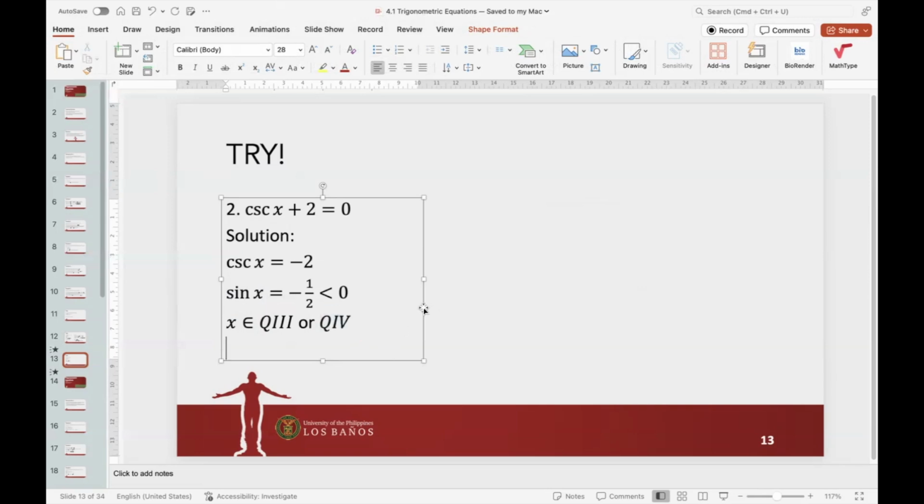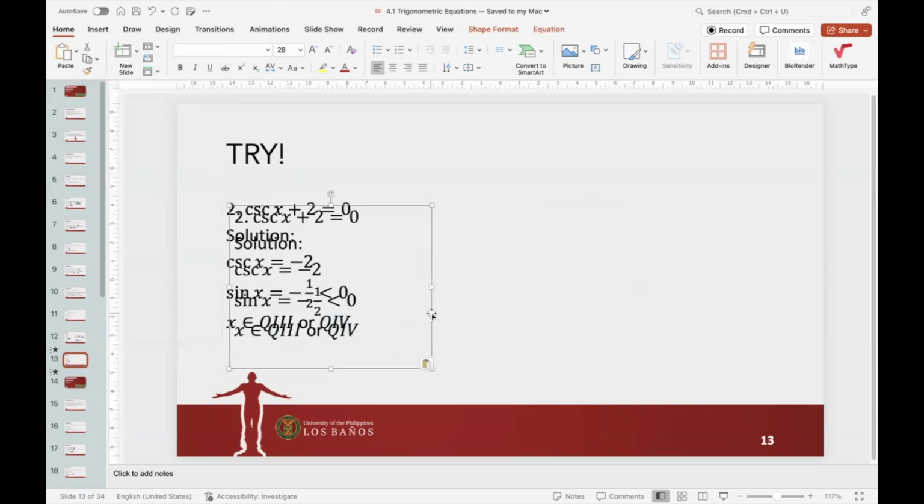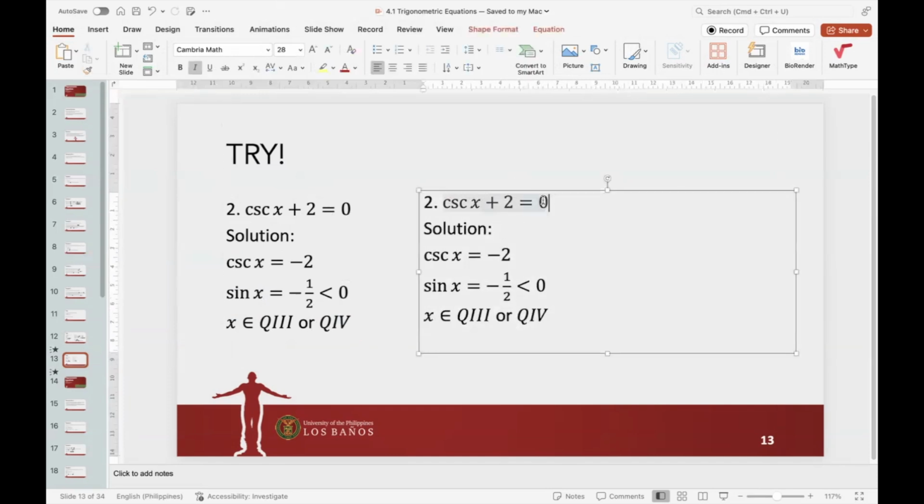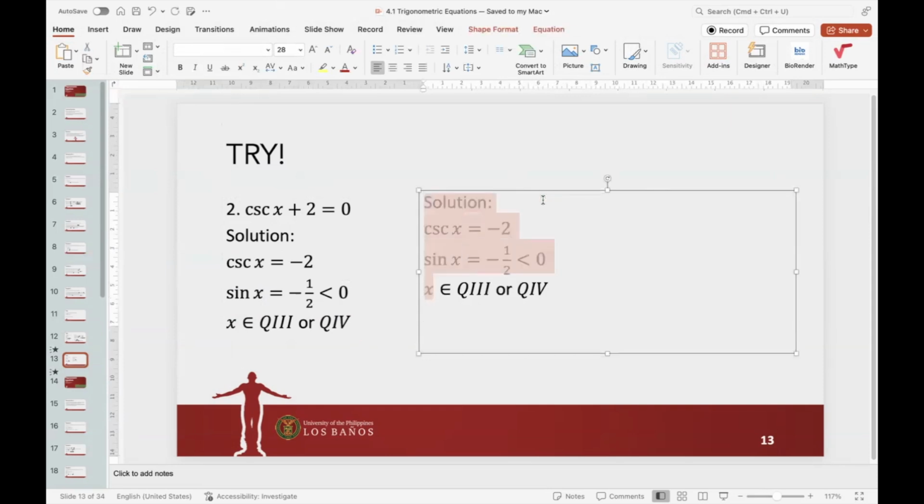All right. So now, again, we just have to get the angles for which sine is in the third quadrant and in the fourth quadrant. So again, we note that sine x.